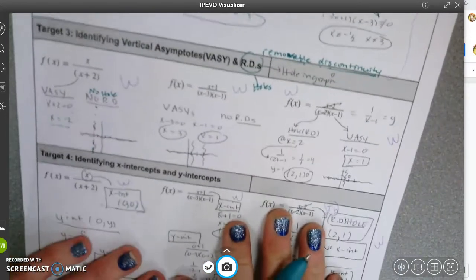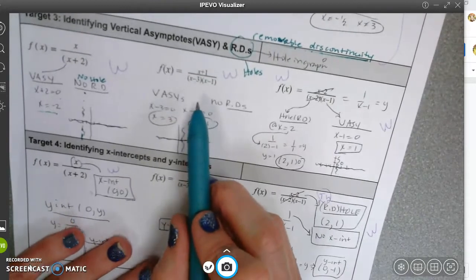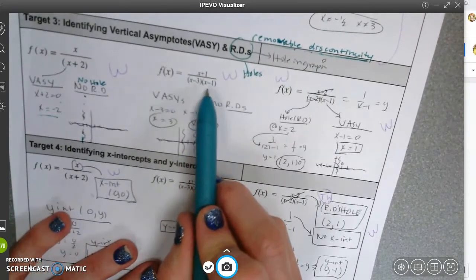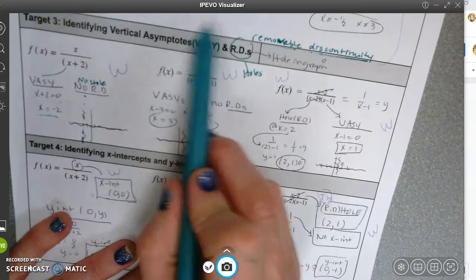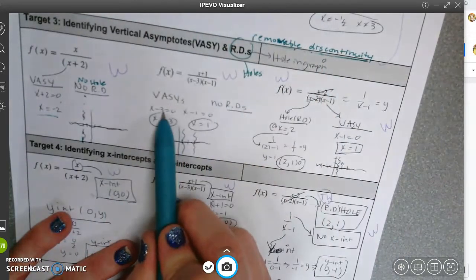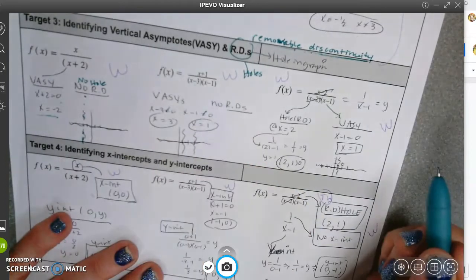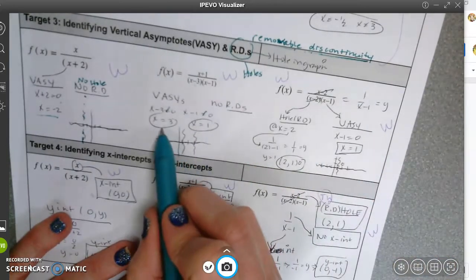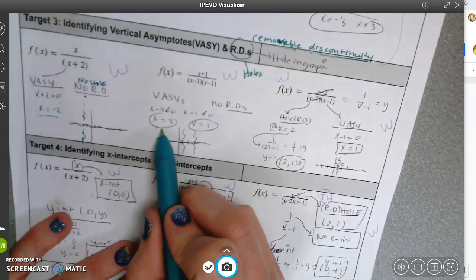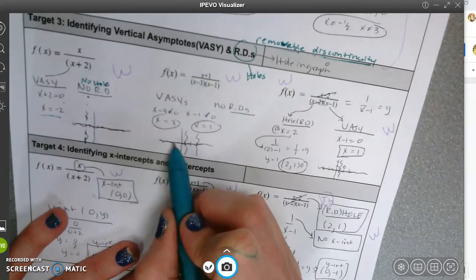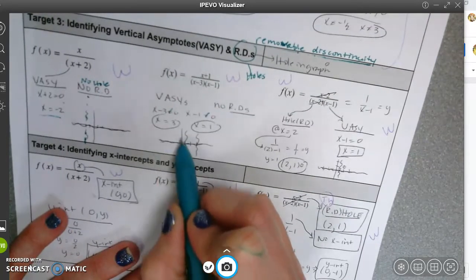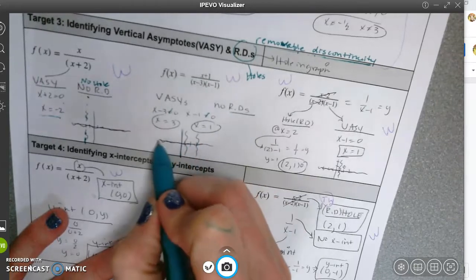In the second one, you look at the denominators, x minus 3 and x minus 1. So just like the exclusions up above, you're going to set each one equal to 0. Remember, you really don't want that to happen. So your vertical asymptotes, which we call VAs for short, are at 3 and 1. So you're going to look at your axes here, like normal.